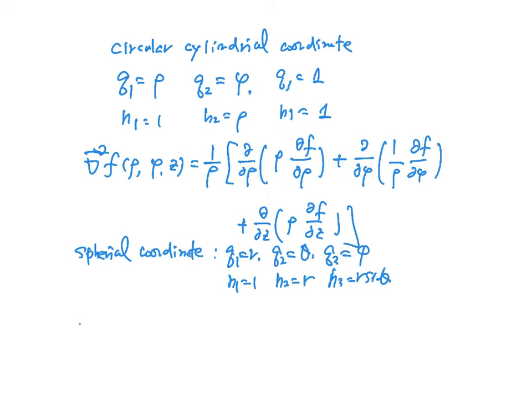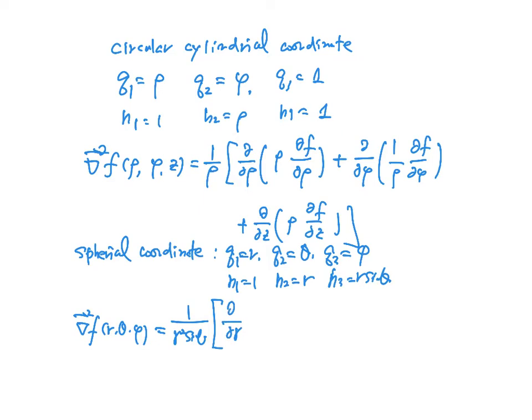So the Laplacian of F of r, theta, phi: h1 h2 h3 is r squared sine theta, right? So you divide everything by r squared sine theta.